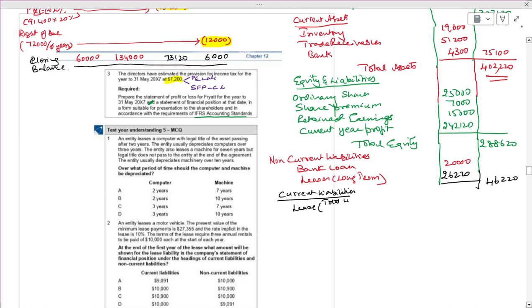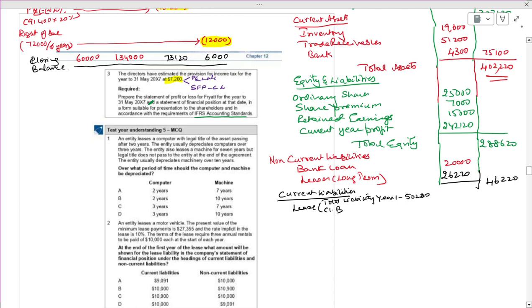Total liability at the end of year 1. How much is the total liability at the end of year 1? 15,200. Next, closing balance year 2, how much?